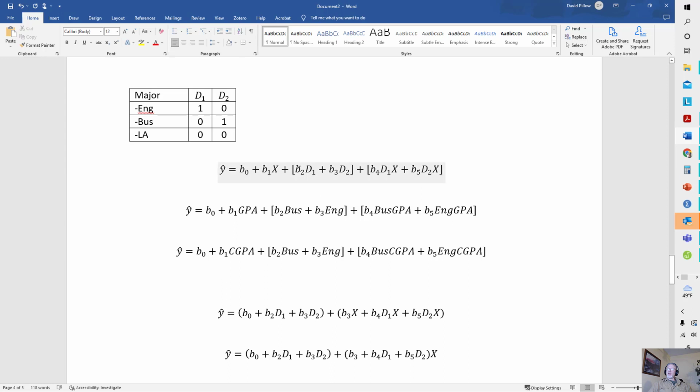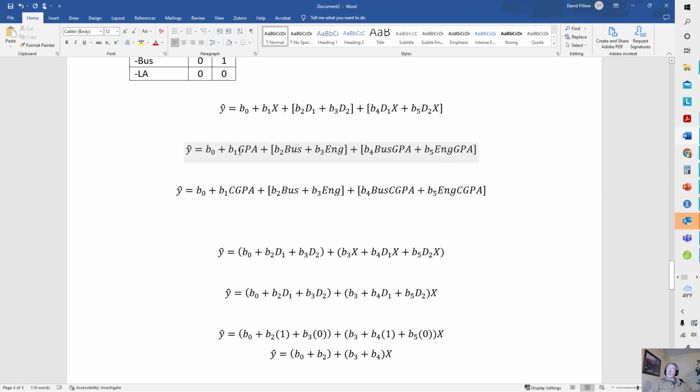So you can think about this in ANOVA terms. Here's my continuous variable. Here's my college major. Here's the major by GPA interaction. This shows it laid out in terms of names of the dummy codes, multiplying business by GPA, engineering by GPA. This shows it making clear that I've centered GPA, so that I have centered GPA over here, centered GPA over here.